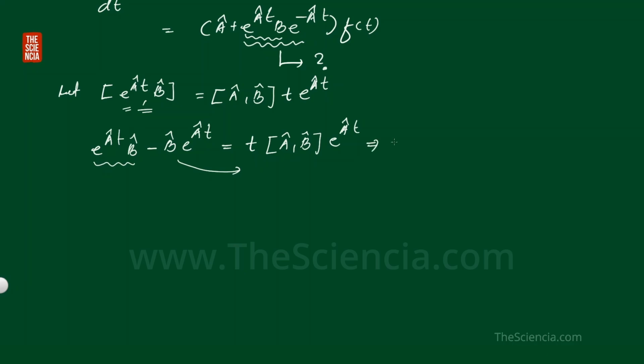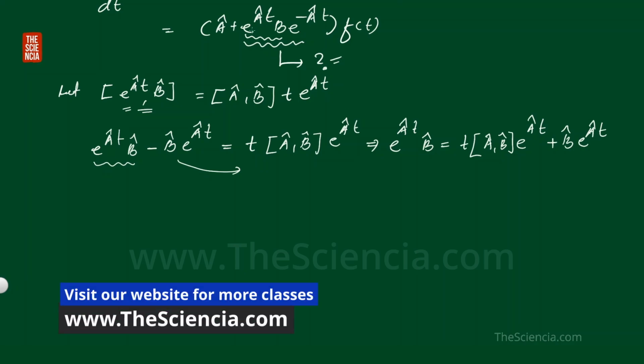We get e^(At) B is equal to t [A, B] e^(At) plus B e^(At). Here our objective is to find this value, e^(At) B.